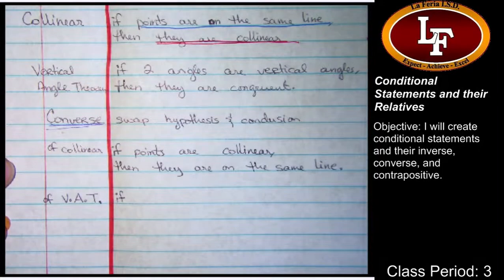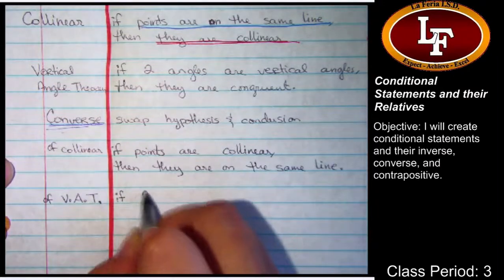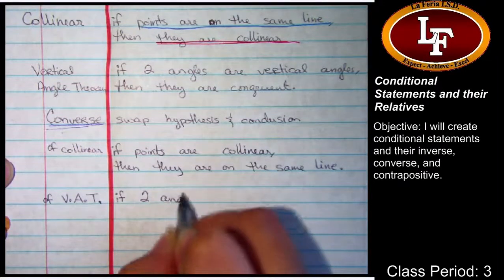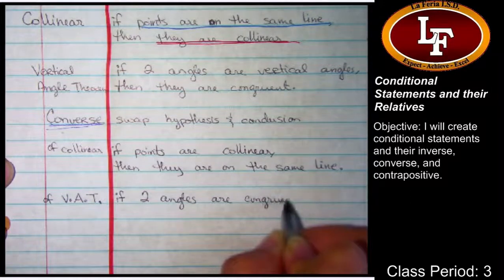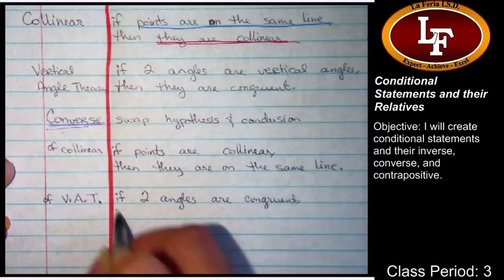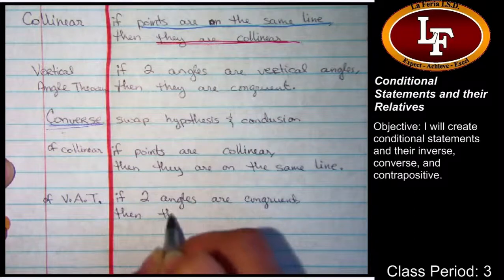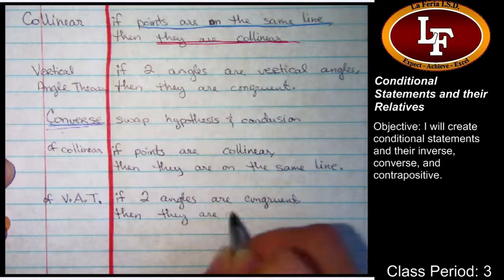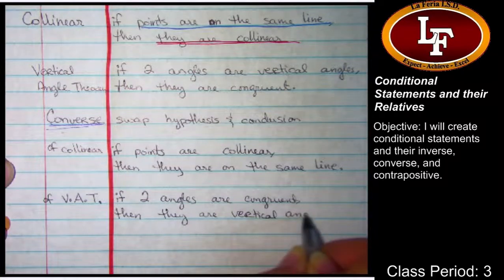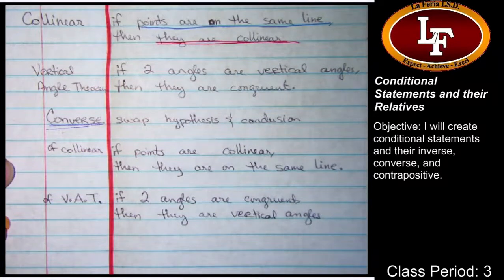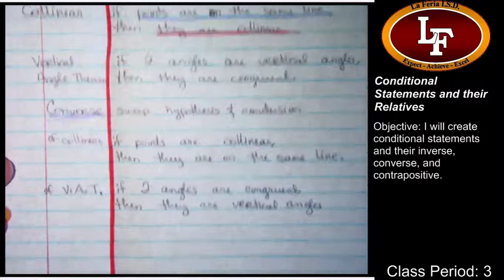If two angles are congruent, then they are vertical angles. Beautiful converse.